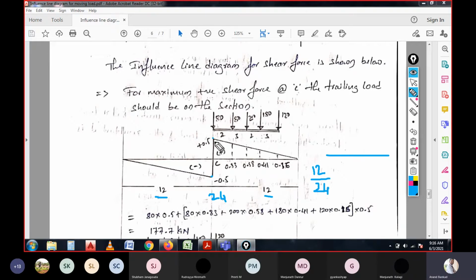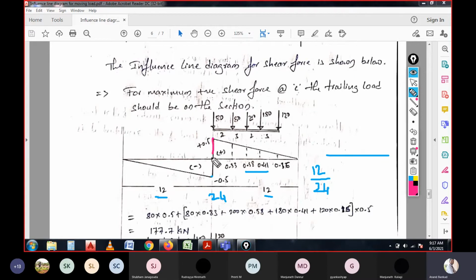If you consider the right span, the values will be written at the top, and for the left span, the values will be written at the bottom as negative shear force coefficient values. On either side it is 12, so no need to calculate it again. The 0.5 will be the value.